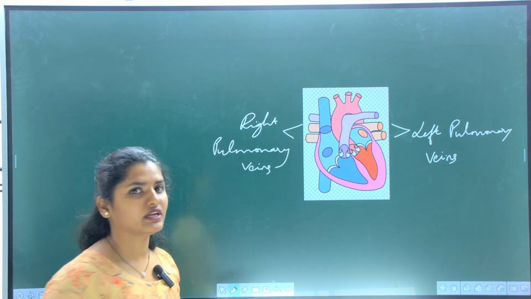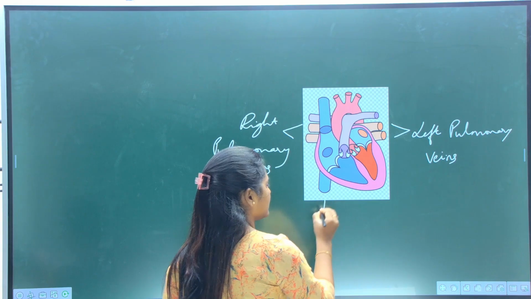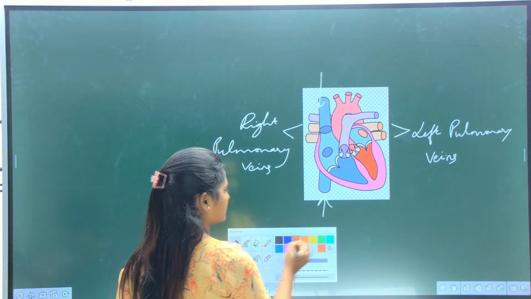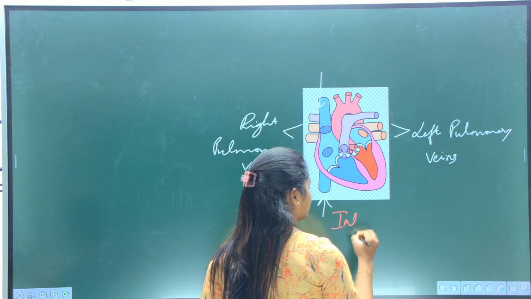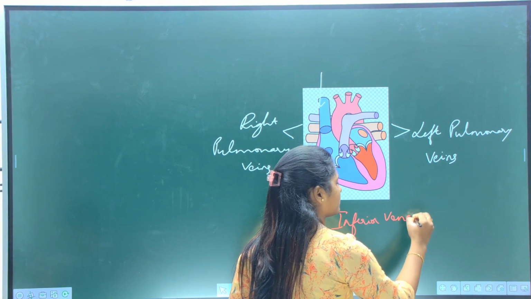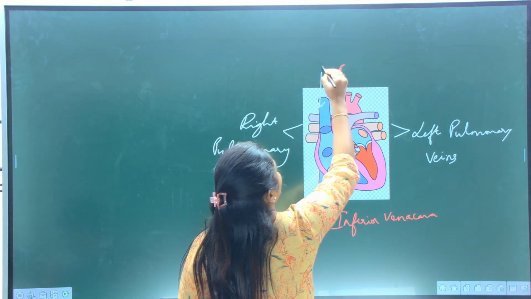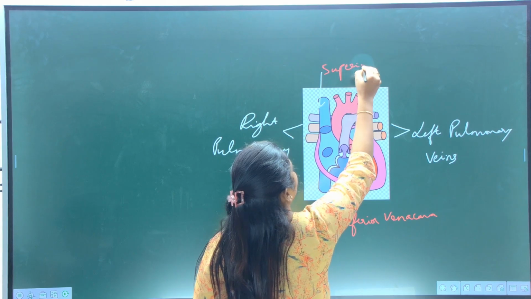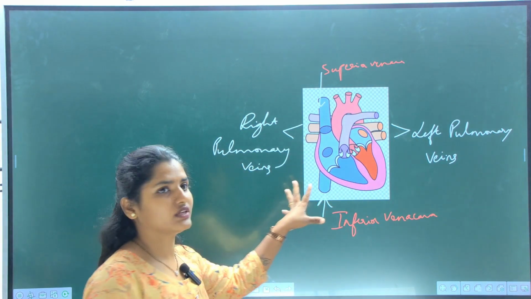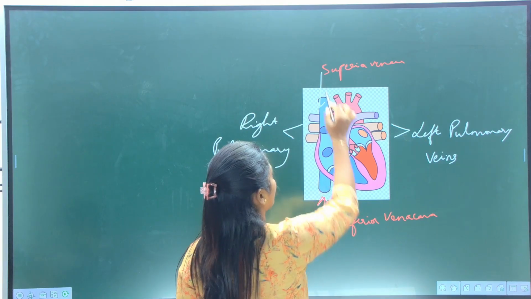So these two bring oxygenated blood to the heart, and here it is the inferior vena cava, and this is the superior vena cava. So these four are the vessels which are entering into the heart.